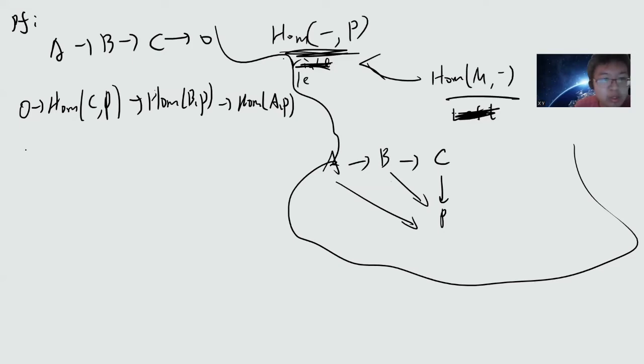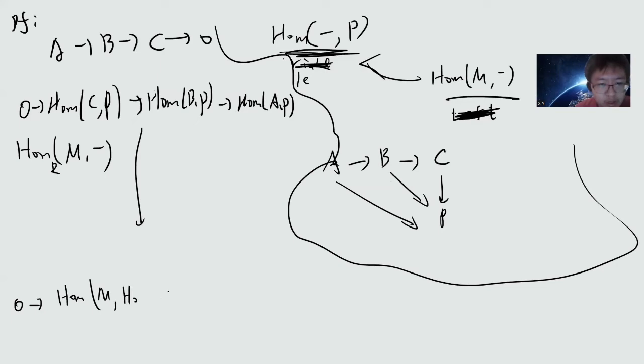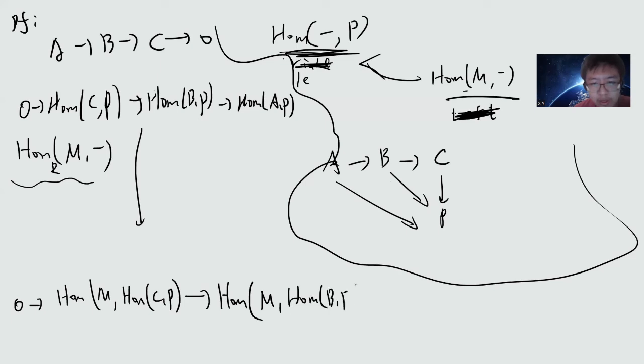Now in this way we apply the tensor, so we can apply M, not really, let's apply another map. Okay, so we get the following. We get 0, Hom of M, Hom of CP, and Hom of now this guy, as the previous proof is left exact. So we have Hom of M, Hom BP and Hom of M, Hom AP.